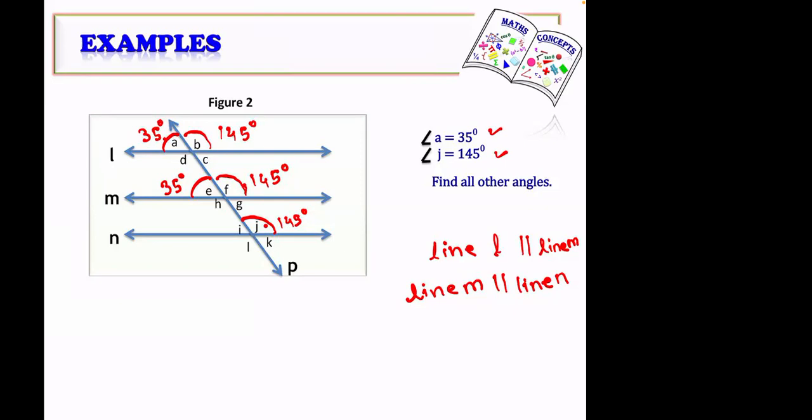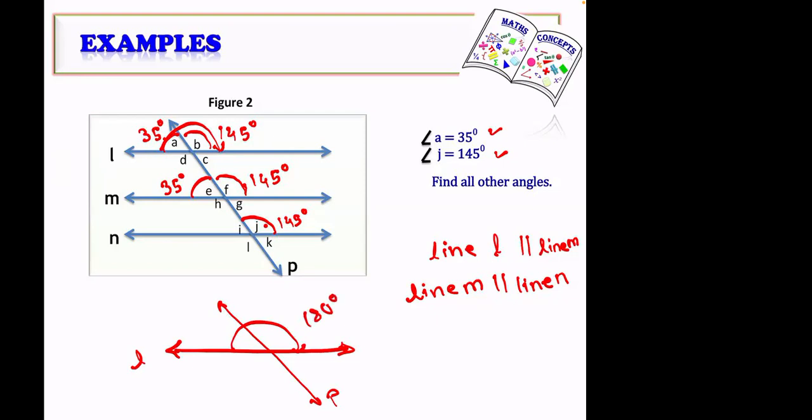Also, one other way to find the measure of angle B is to subtract 35 from 180, because this is a straight angle. If this is line L and this is my transversal P, this angle is a straight angle, that is 180 degrees.